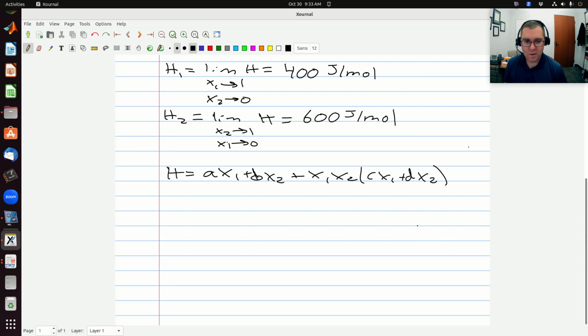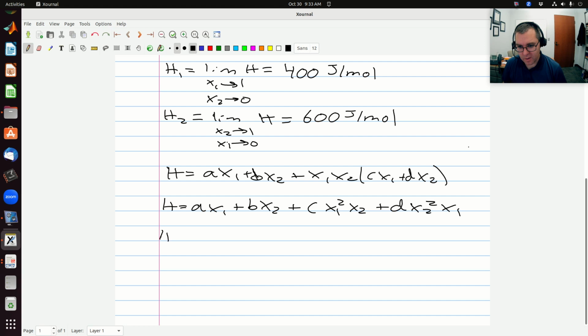First let me expand this term out, then I'm going to replace x2 with 1 minus x1. So h is equal to a x1 plus b x2 plus c x1 squared times x2 plus d x2 squared times x1.